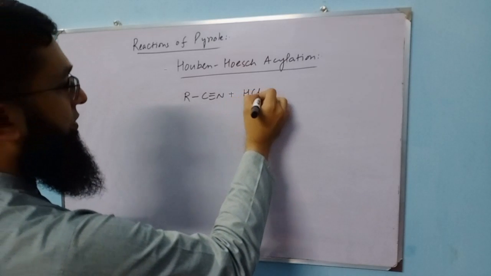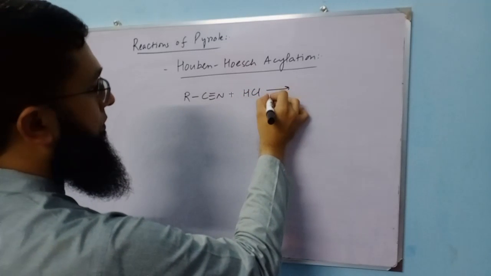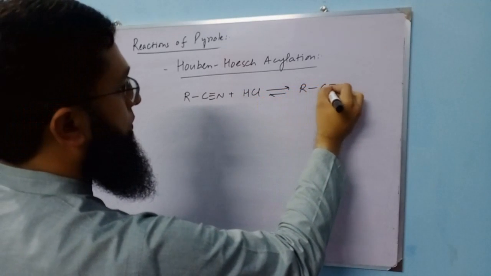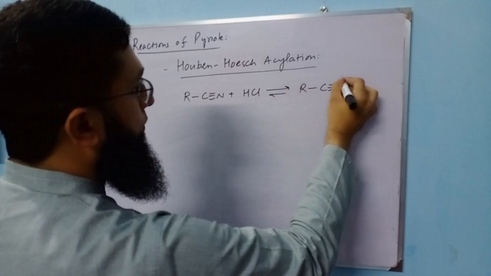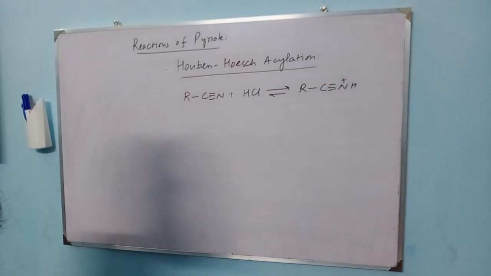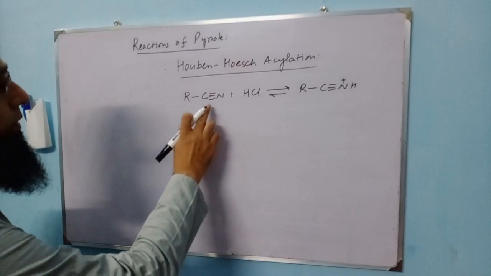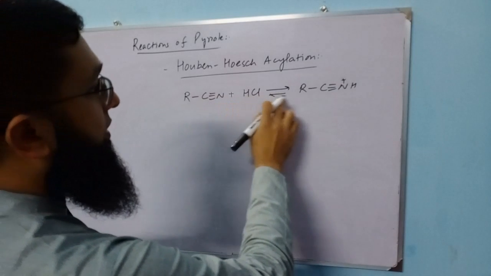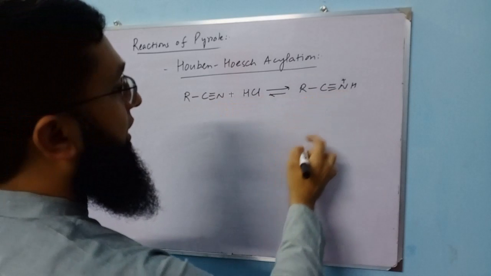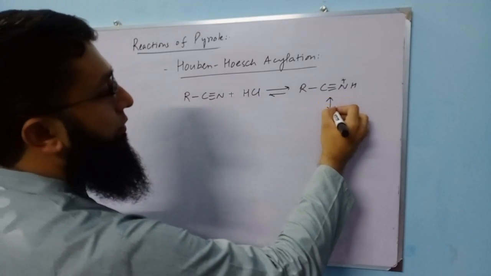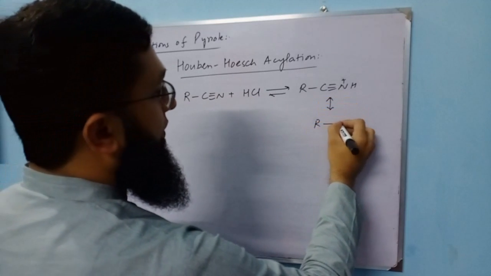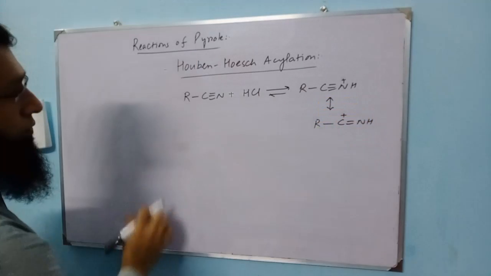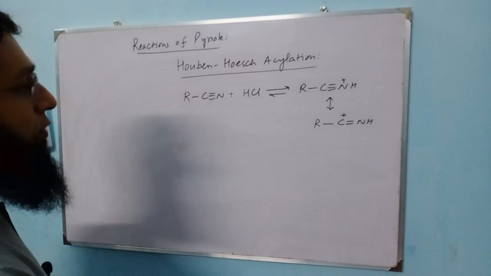We see the mechanism. In the first step, nitrile is treated with HCl, and as a result we get protonated nitrile, and it can be represented as this as well. Now it will react with pyrrole.